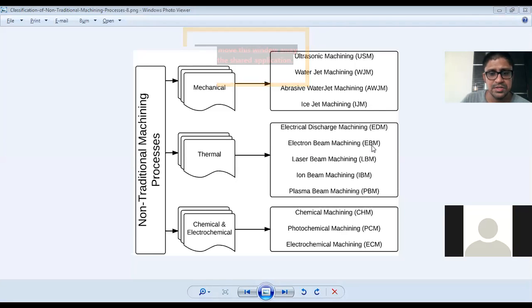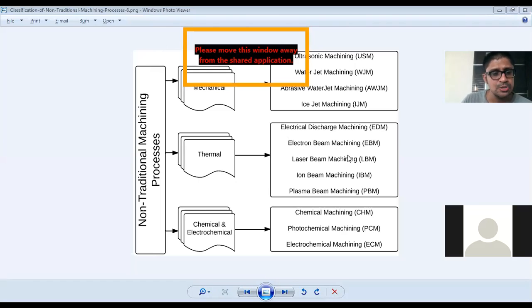Then electron beam machining. So here, the beam of electrons can be used to cut the material. So here the electron beam will possess a very high amount of thermal energy. So basically you can have the melting or partial melting of the workpiece, and so on.